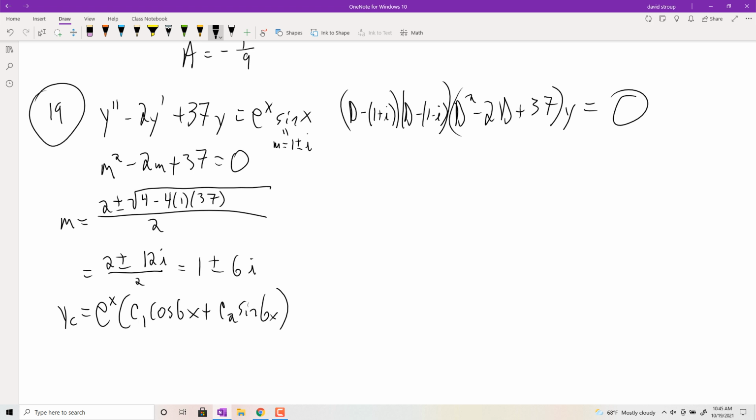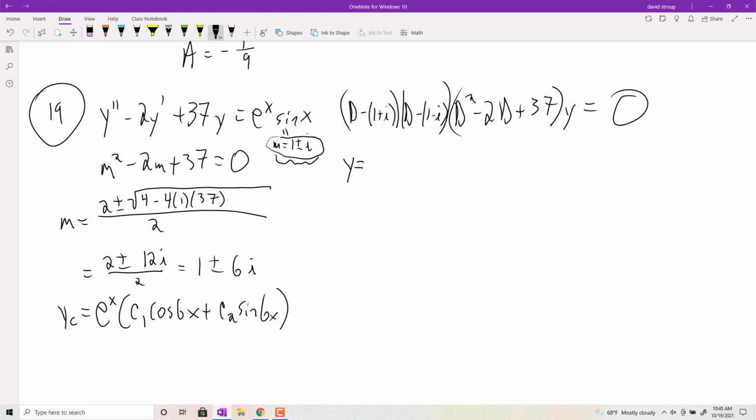Here, the roots aren't repeated. One is 1 plus or minus i, the other one is 1 plus or minus 6i. So it's not going to be an issue. Your particular solution is just going to be from these roots here. But I'll write out what the solution should be. So it's going to be e to the x.